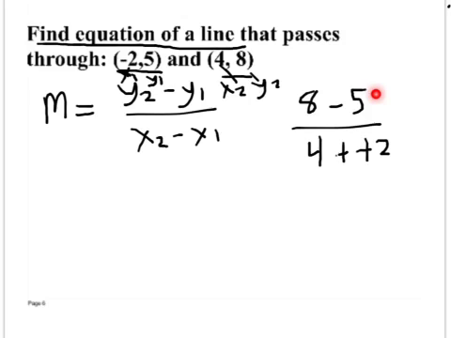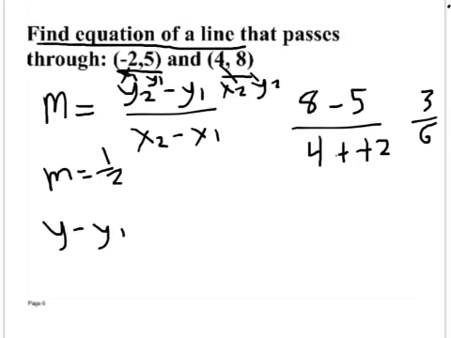So 8 minus 5 is 3. 4 plus 2 is 6. So my slope is 1/2, because 3/6 reduces. Everybody have that? Now, I'm going to write point slope form: y minus y1 equals m times x minus x1. I already have an x1 and y1.